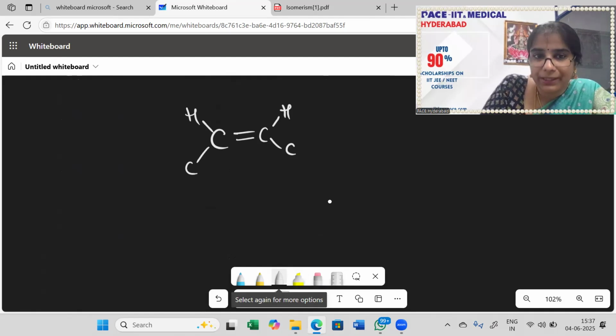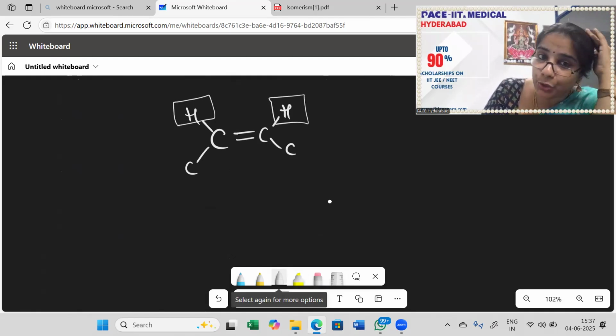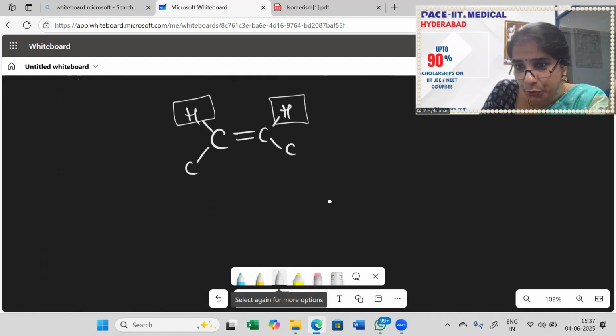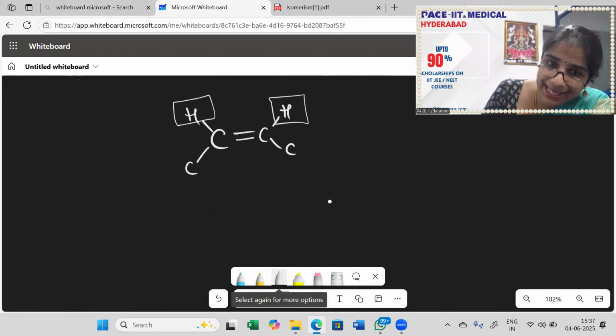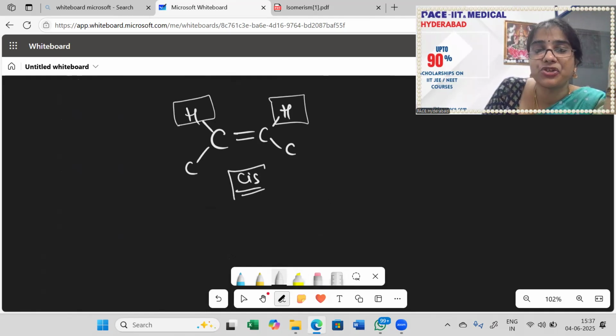Now, do you observe one thing? We have two hydrogens on one side and two carbons on the other side. When the two same groups, whichever groups they are, are both on the same side, that is called cis.